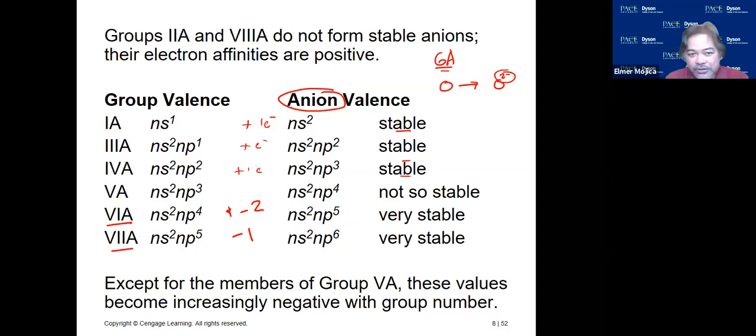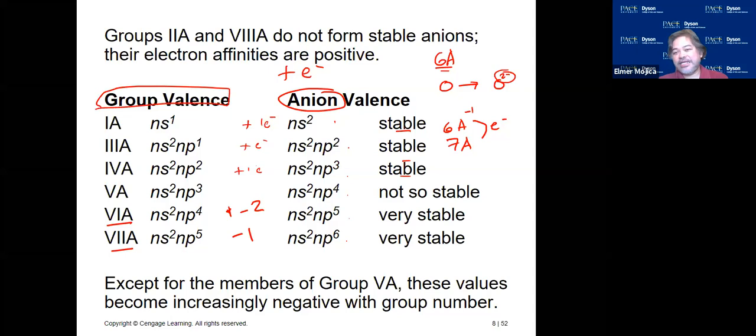So this is the group valence, right? If you add 1 electron to them, this is the one that is formed. But as you could see, the 6A usually don't form a -1. They form a -2. That's why I told you group 7A and 6A are the ones that usually accept electrons.